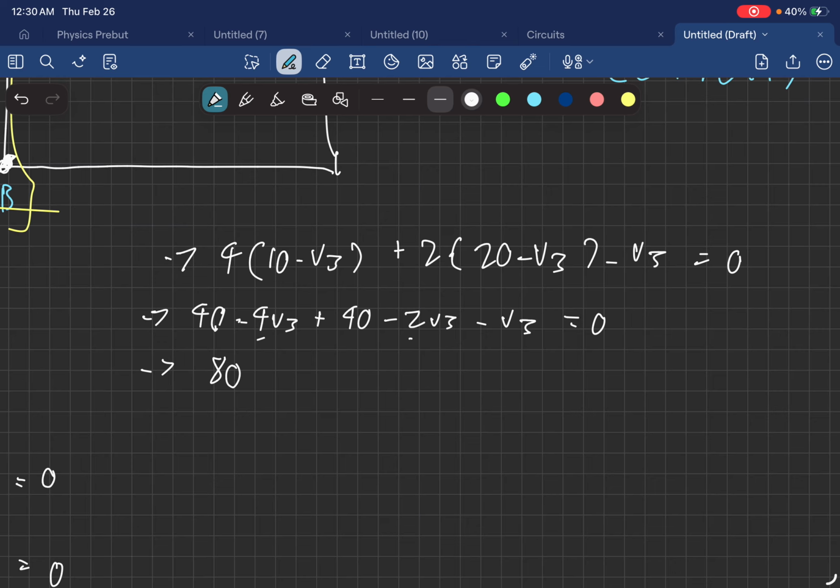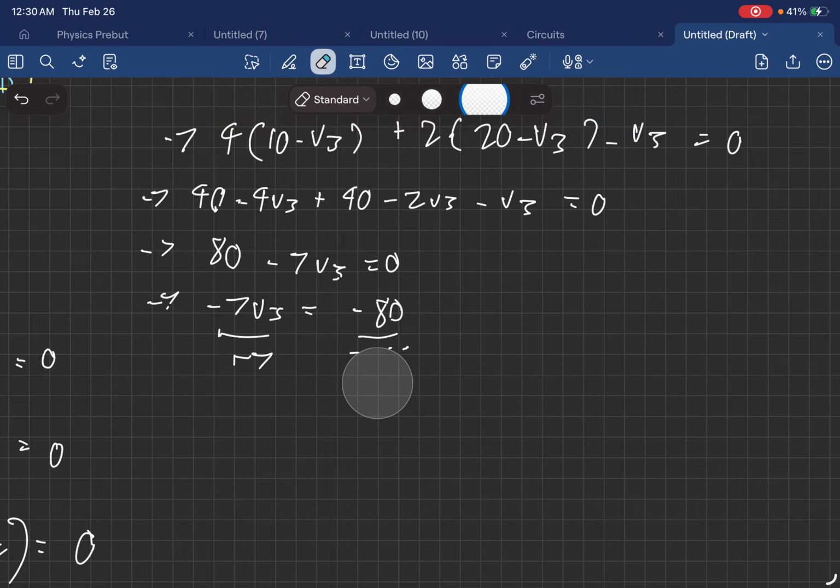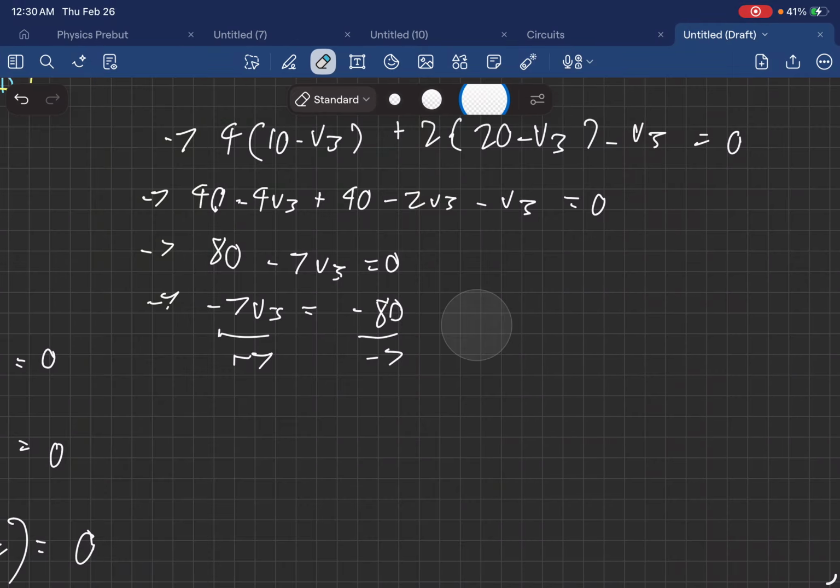So 4, 2, 1, that is 7, and they're all negative, so negative 7V3 plus 80 is equal to 0. Then we transpose 80, so negative 80, and divide both sides by negative 7.